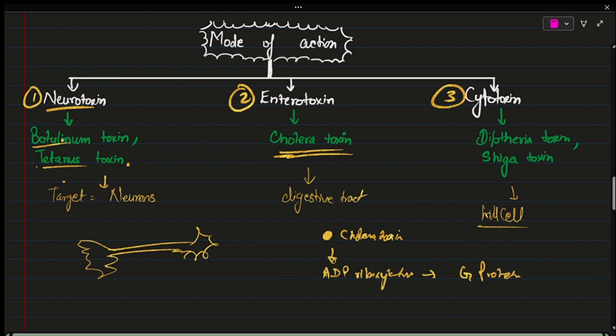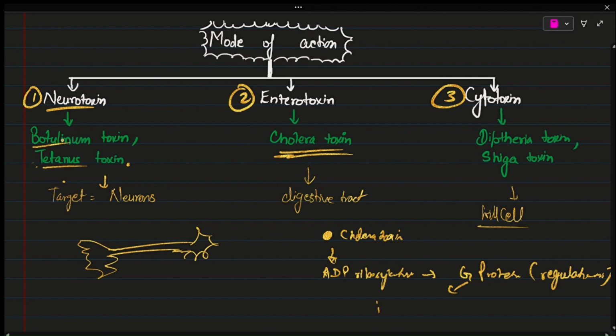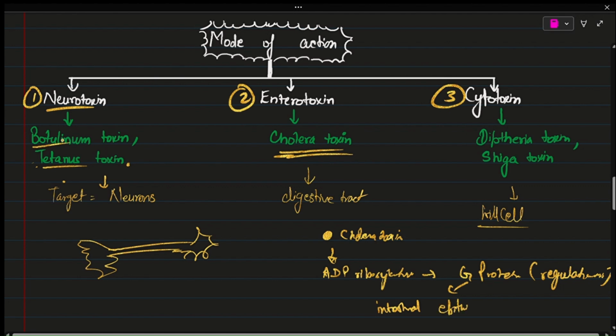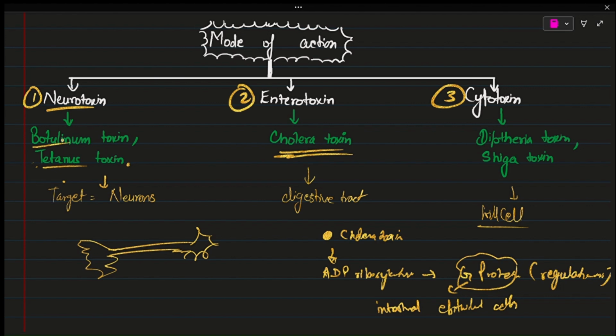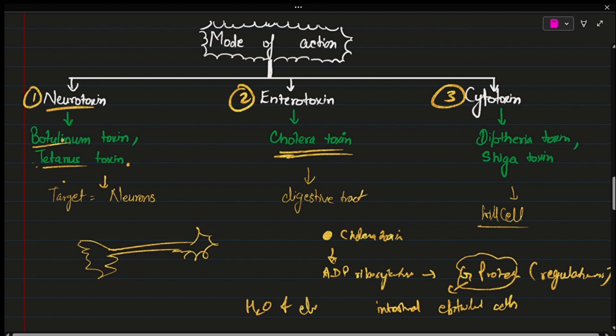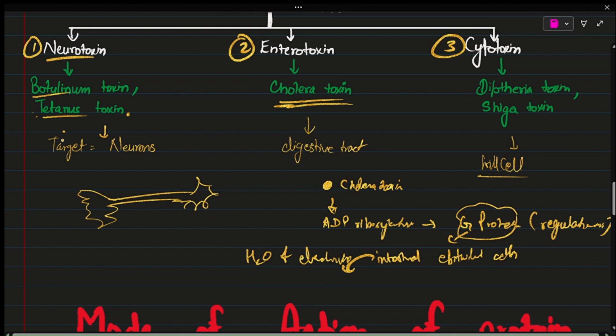This G protein has a regulatory function, and it is found in the intestinal epithelial cells. Due to disturbance to this G protein, there will be no regulation, and water and electrolytes will move into your digestive tract and get flushed out of your body, thereby causing diarrhea, or cholera.